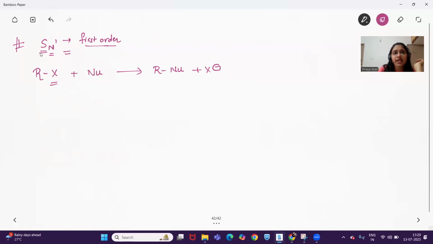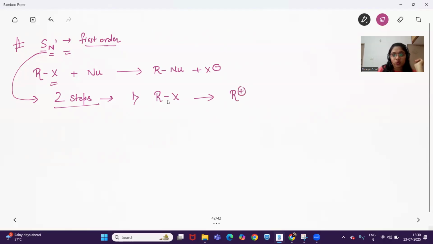So what happens actually in SN1? There are two steps. What are those two steps? What happens in the first step? The bond of R and X breaks and we get R positive.